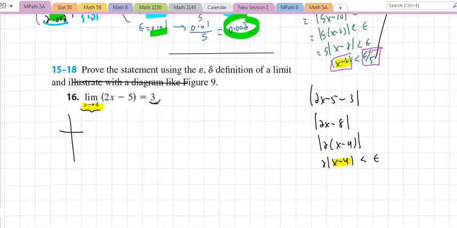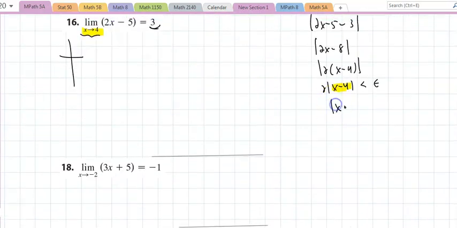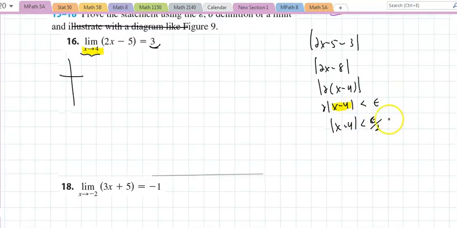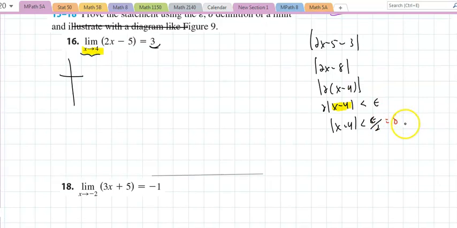So I start with that. Since I can control this, and this I call delta, right? Can you guess how this is going to play? I want delta to equal whatever that is.